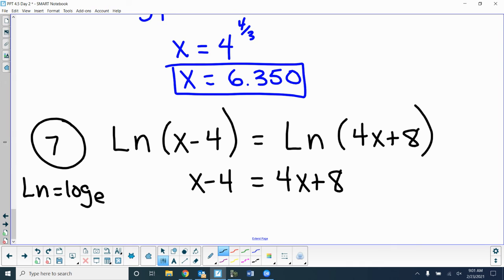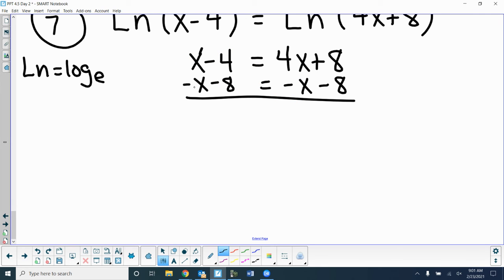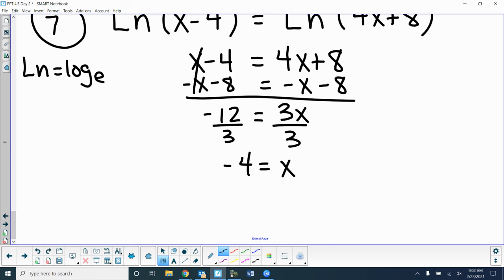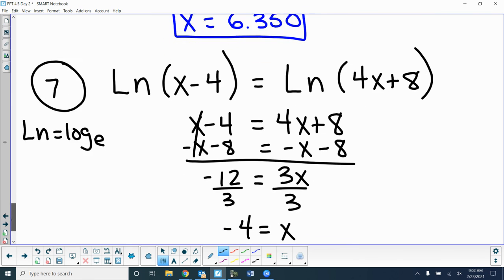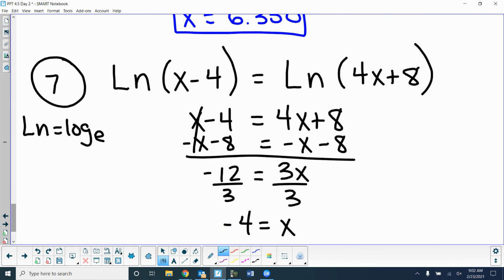Okay, so subtract x. Let's keep our x positive. Subtract 8. So I get negative 12 equals 3x. Divide by 3, I get negative 4. What happens when I check the negative 4? What's negative 4 minus 4? Negative 8.